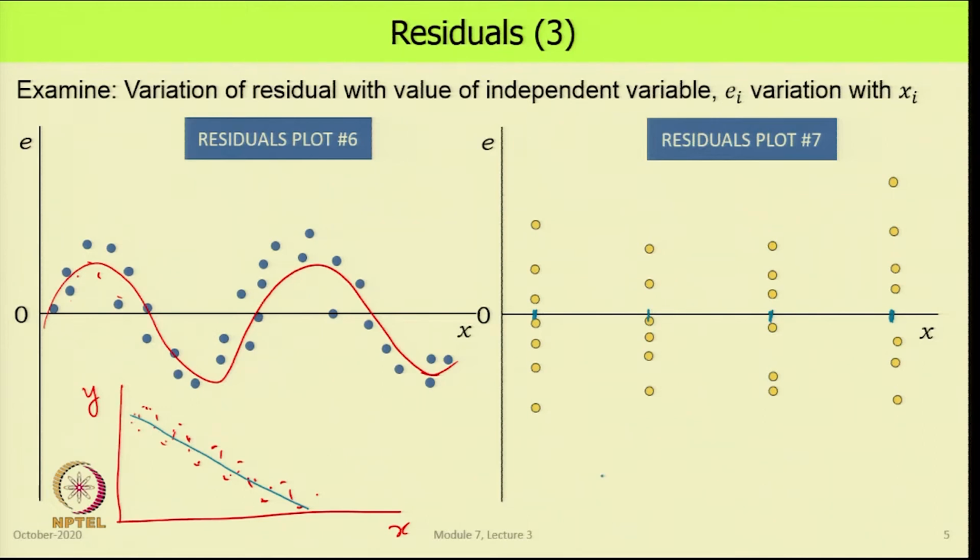This spread of the residuals tells us that if there is no trend in this, we are okay, but if the residuals were say decreasing like this, then we would have to worry about it, or if it was bulging in the middle, then also we would have to worry about it. But if they are all pretty much in the same range, and reasonably randomly distributed, then we can be confident that what we have done a regression on is pretty good.